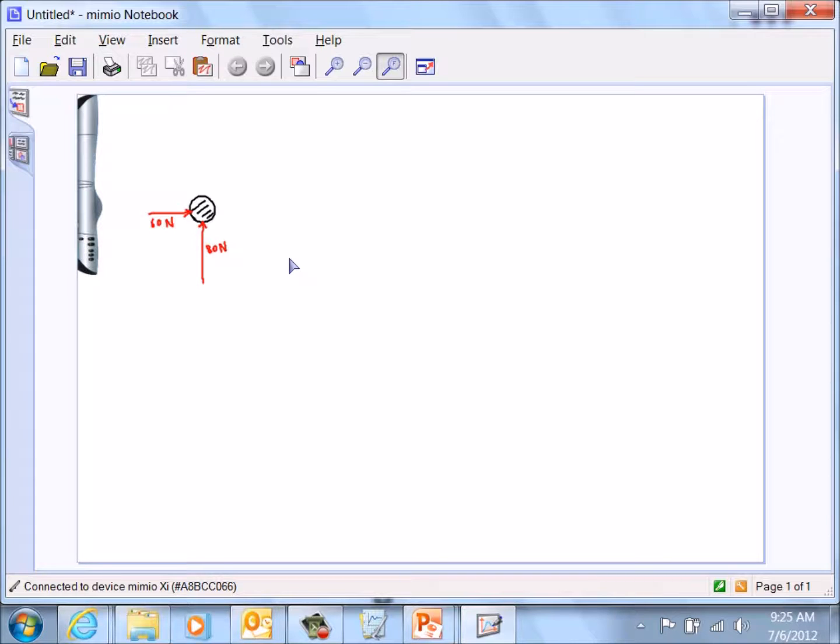Those 2 forces are equivalent to what total, or net, force acting on the puck? One of the things that we learned is that we can take those 2 force vectors, the 60 newtons to the right and the 80 newtons directed upward, and add them together by creating a right triangle. The net effect of those 2 forces would simply be whatever that green vector works out to be.